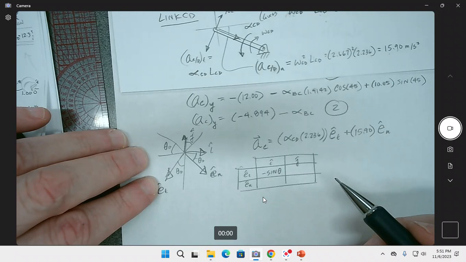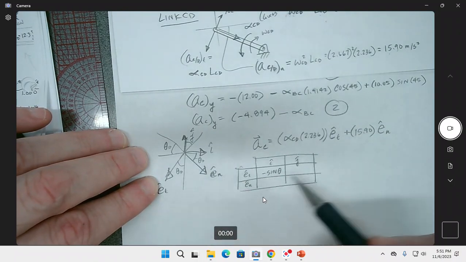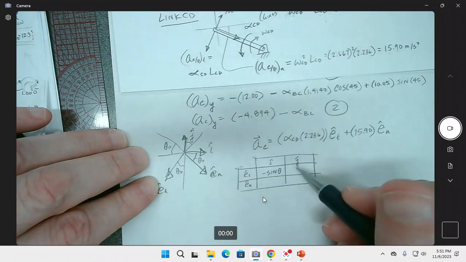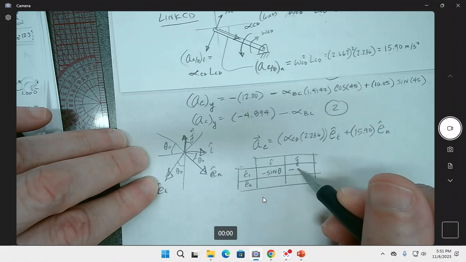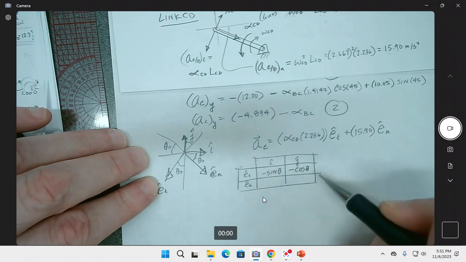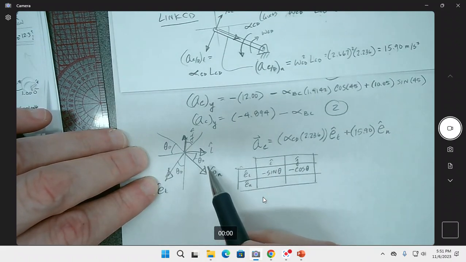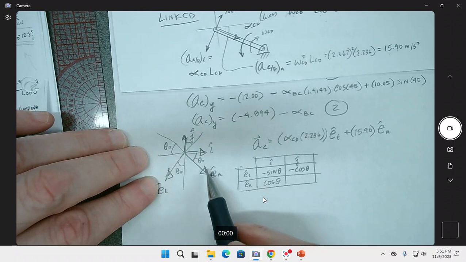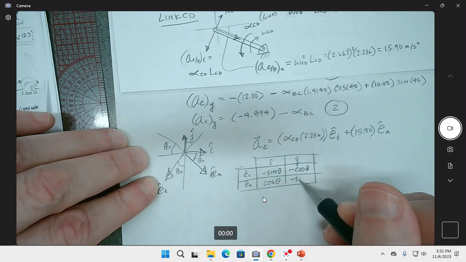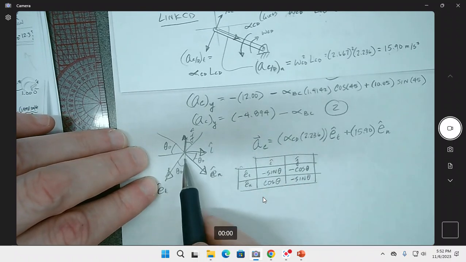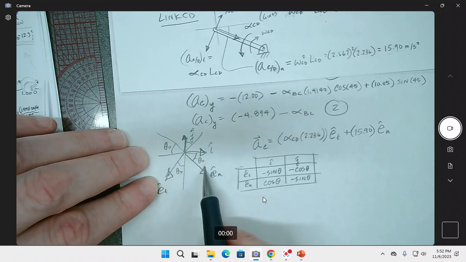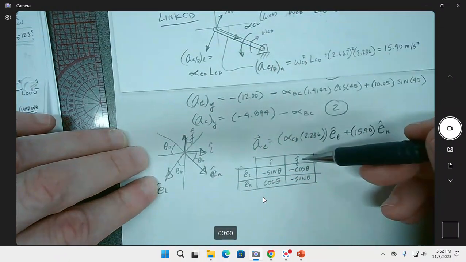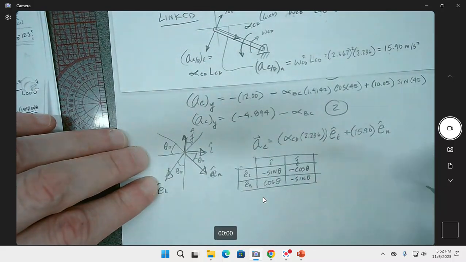Do you agree with that? Recall doing this? All right. And then in the j direction, it should be a negative cosine. In the n direction, it should be a positive cosine, and it should be a negative sine, right, because we're going downwards from here in the j direction with our en.